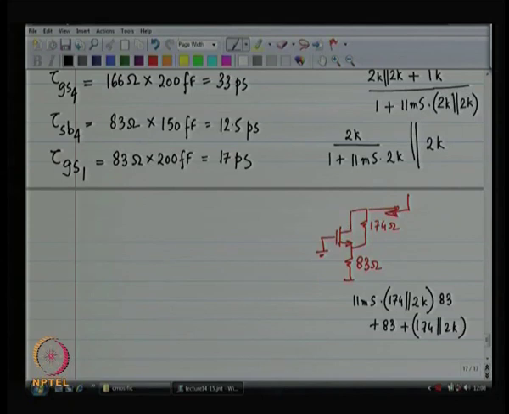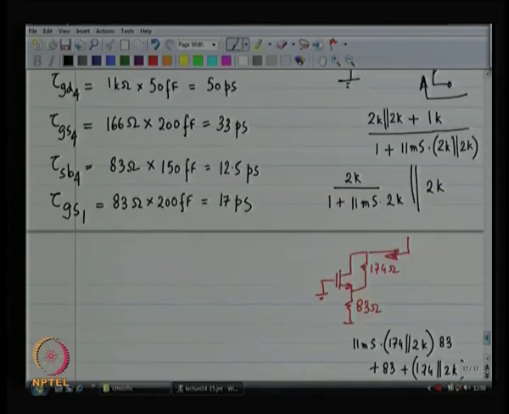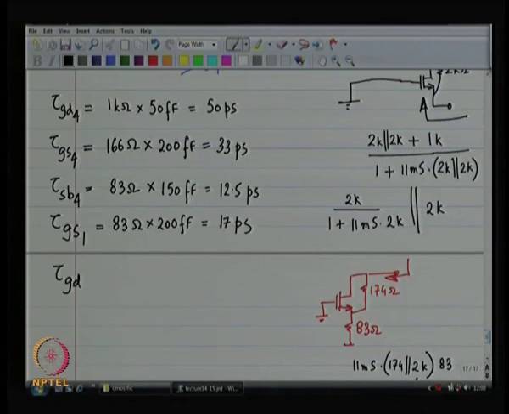So, this is 160 ohms. So, you basically see 389 ohms. So, the resistance has dropped even further. So, you end up with something like 19 picoseconds.